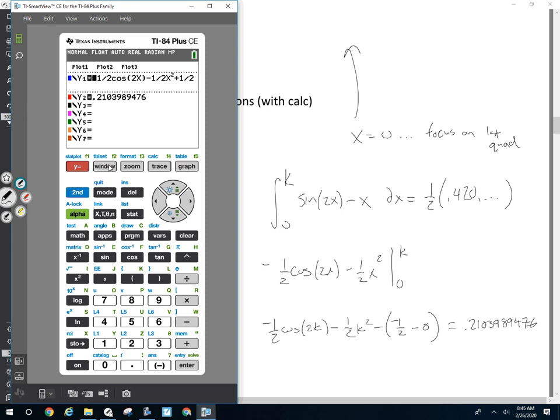Plug in k. Plug in 0. Cosine of 0 is 1. So it's minus negative 1/2.